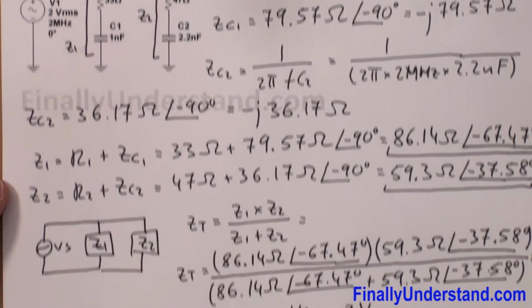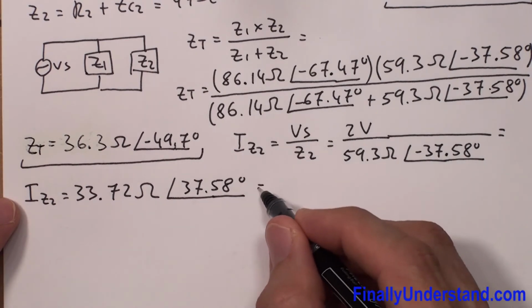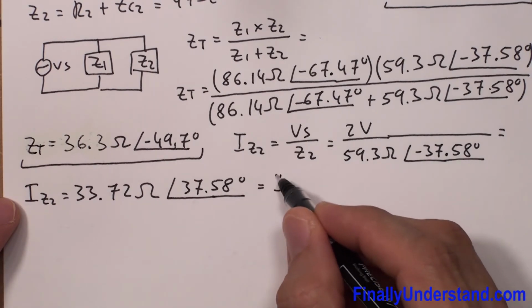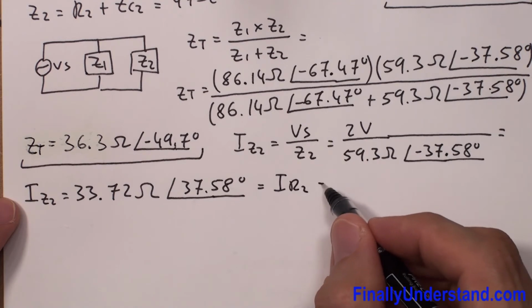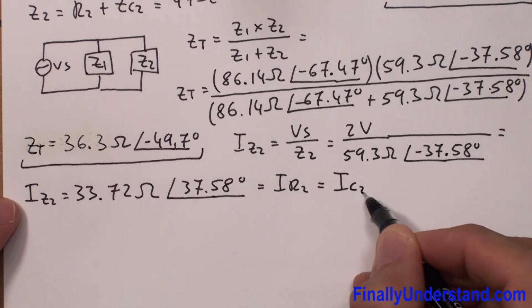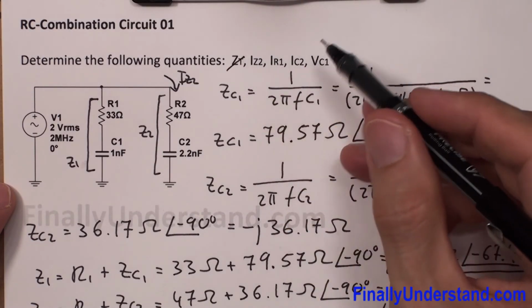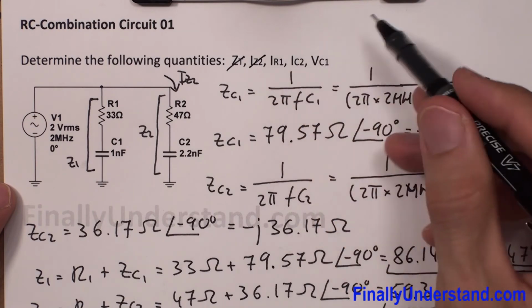That's why I'm going to write that my IZ2 is also equal to IR2, and this is also equal to IC2.